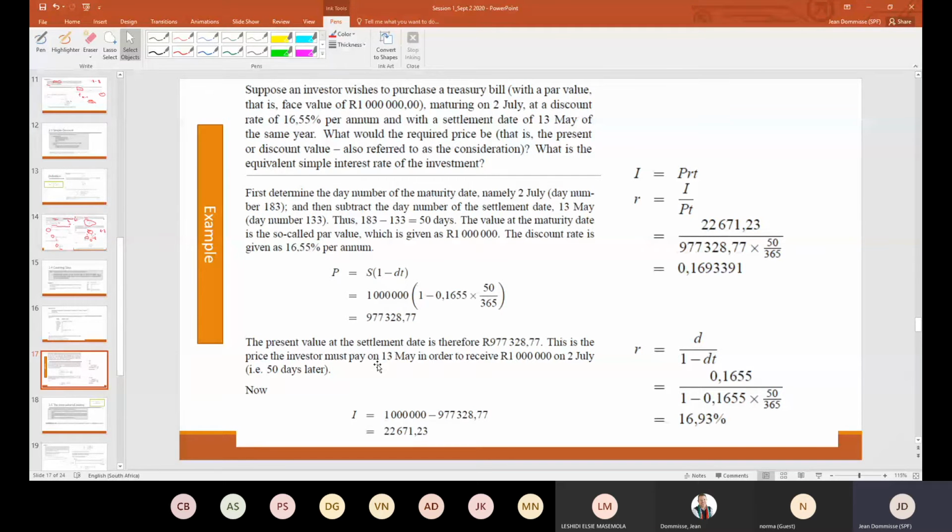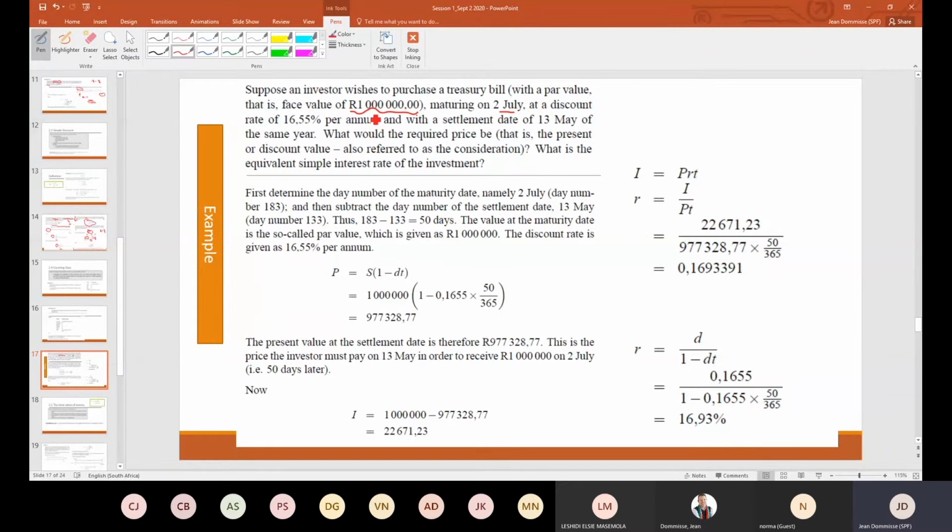Let's quickly look at what they are asking and what they are giving us, and I'll highlight some of the things. Suppose an investor wishes to purchase a treasury bill with a par value, that is face value, of 1 million, maturing on the 2nd of July.